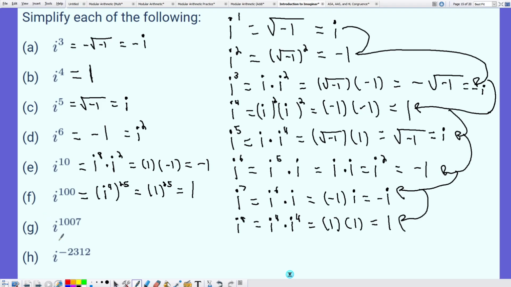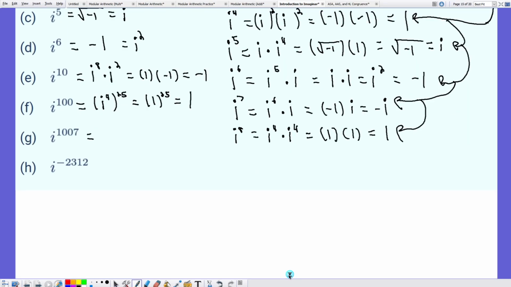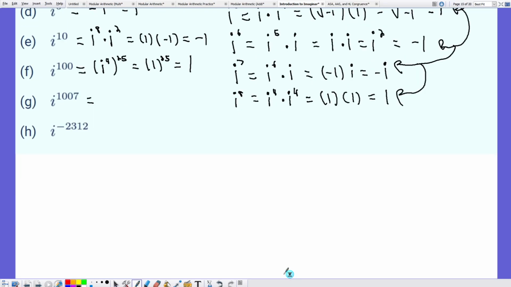Now we have i to the 1007th power. Again, I like multiples of 4 because that lets me simplify it to a 1.